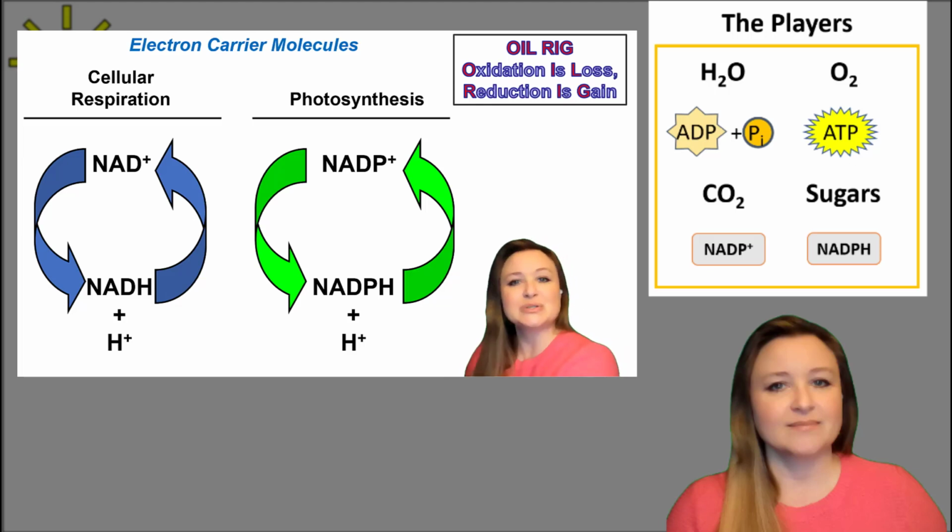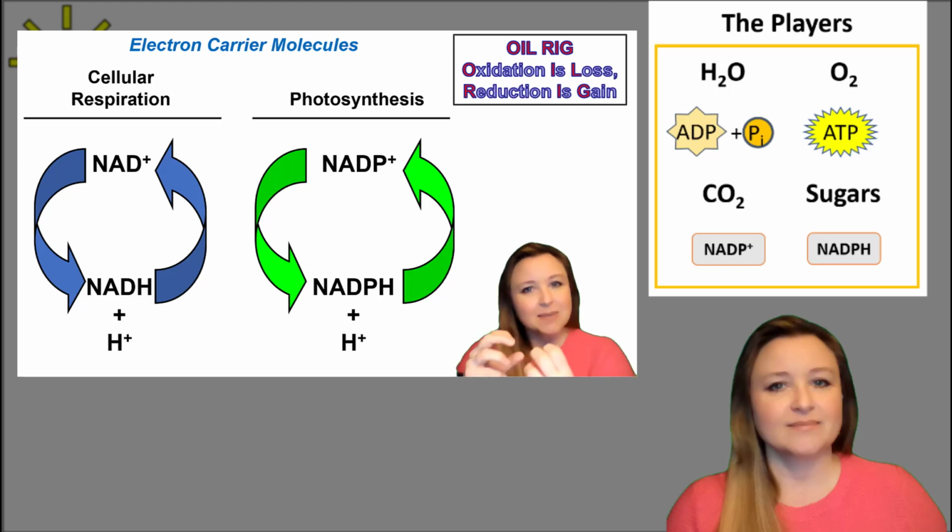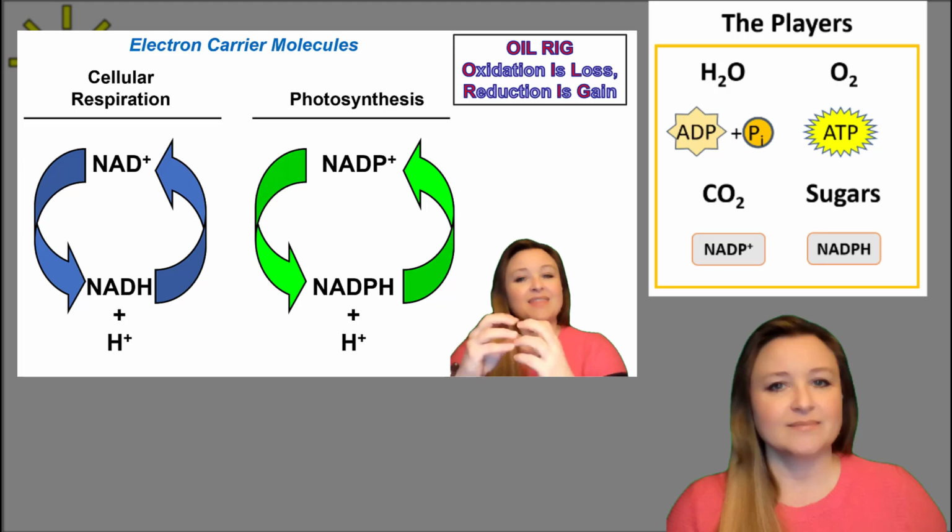It loses those electrons to become NADP plus again. So NADPH is oxidized back to NADP plus. And this is a cycle, okay? So this is one type of molecule, and when it picks up those extra electrons, then it becomes reduced. Then it is oxidized as it gives away those extra electrons it was carrying.